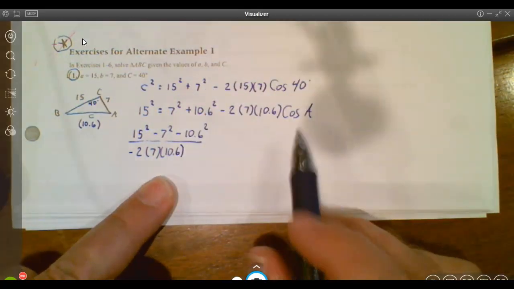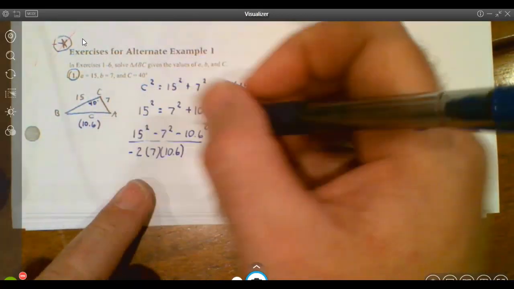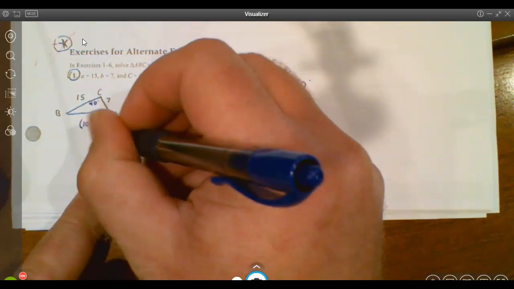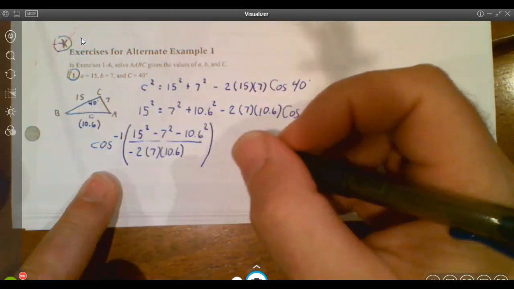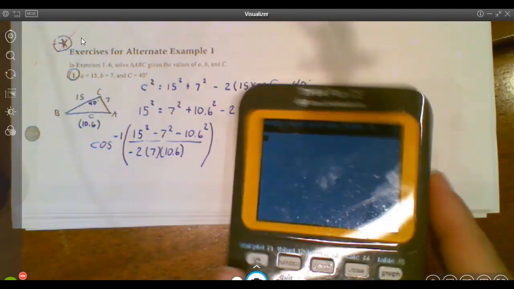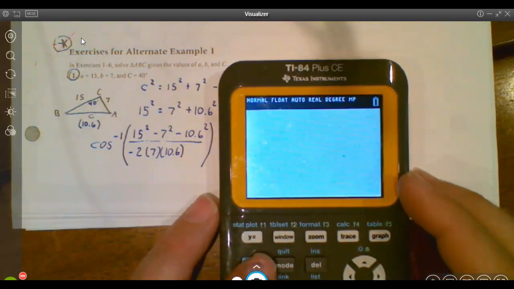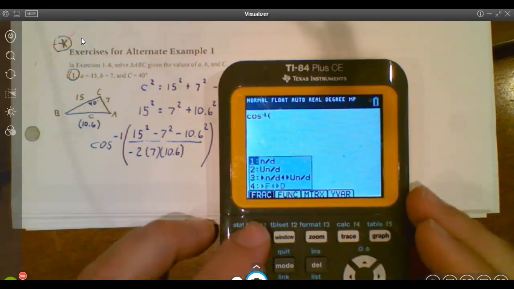And that's going to isolate the cosine of A, which means I'll then need to do the inverse cosine of all that in order to get angle A. So I kind of like doing that first so I can just type all this in one shot. So I'm going to do an inverse cosine. Let me set up my fraction.